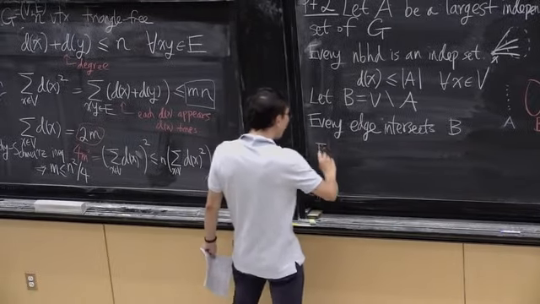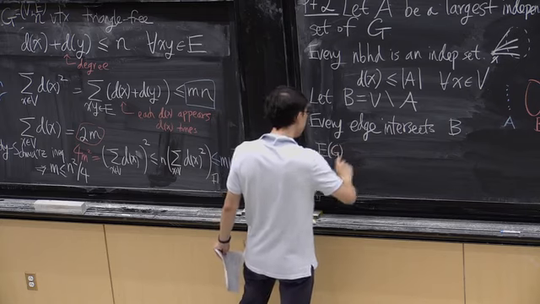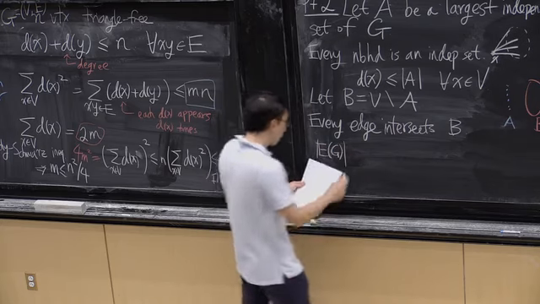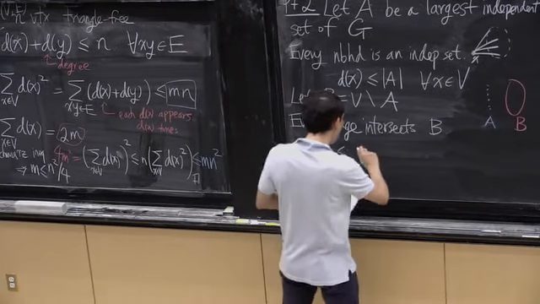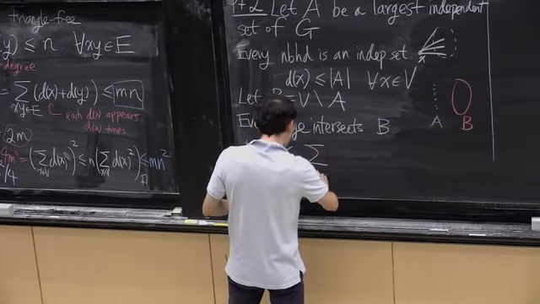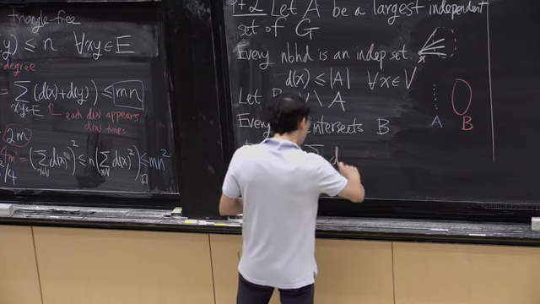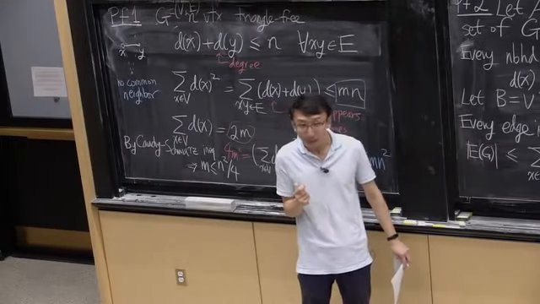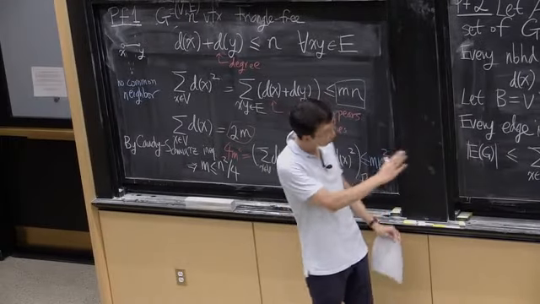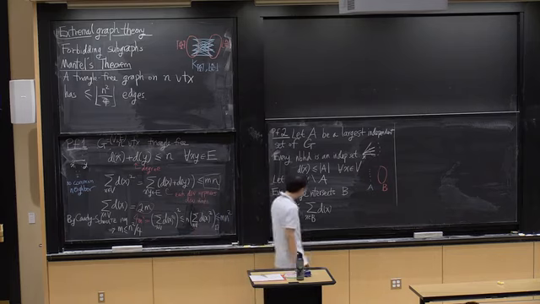So the number of edges of G is at most, well, I count over the vertices in B, the degree. So maybe I overcount. The edges contained in B, I count twice, but that's okay. So this is an upper bound on the number of edges.